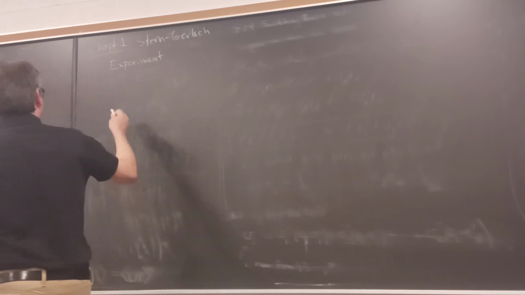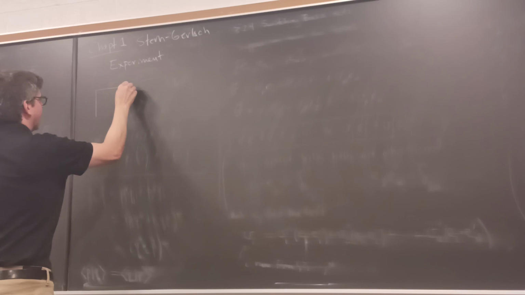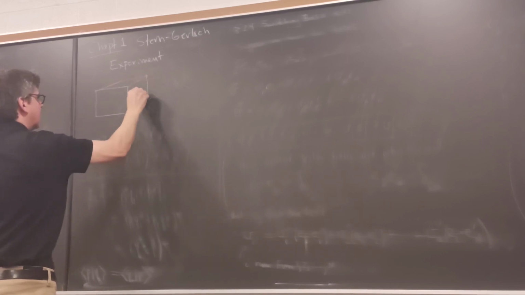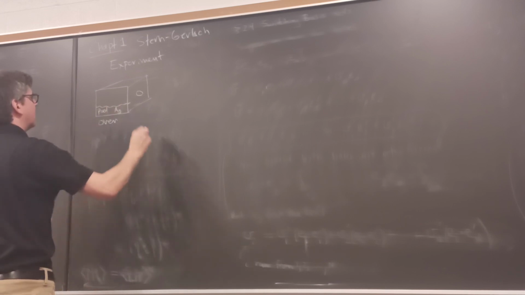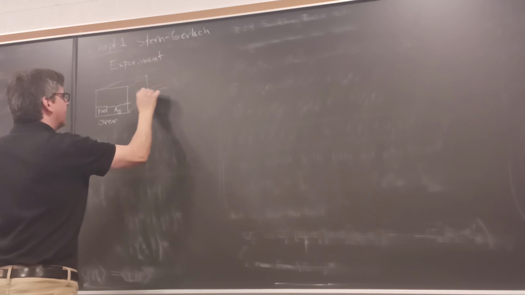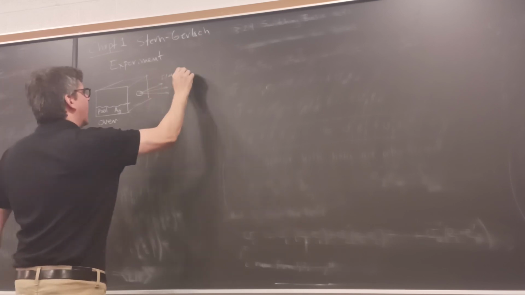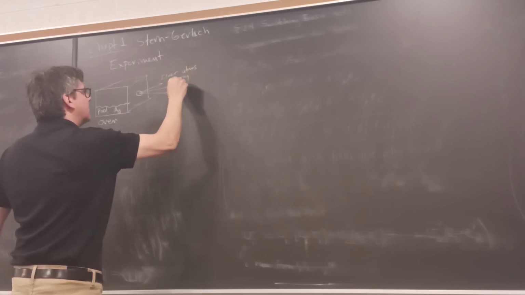Okay, so let's see what they did actually. They had an oven, and then you have a pool of silver. And this is an opening, and you have silver atoms coming up.